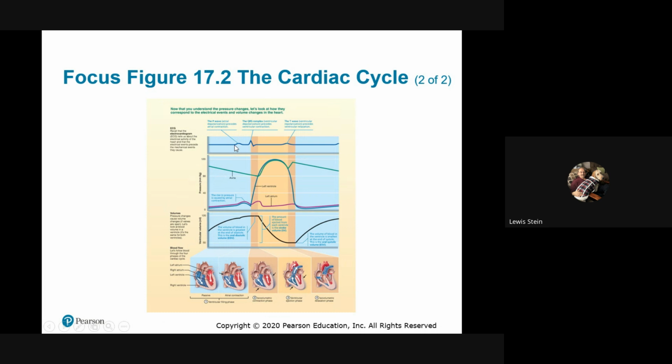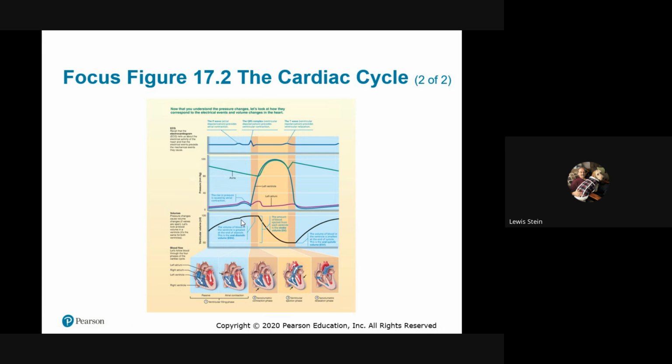Now, here comes the P wave. Electrical events precede mechanical events, so if this is the start of it, then the mechanical events are here, they begin to fill it up. And effectively, you're not changing, that's 20%. It's about the sum total of about 24 milliliters, less than an ounce of blood.